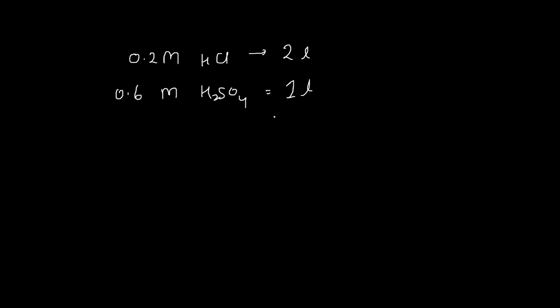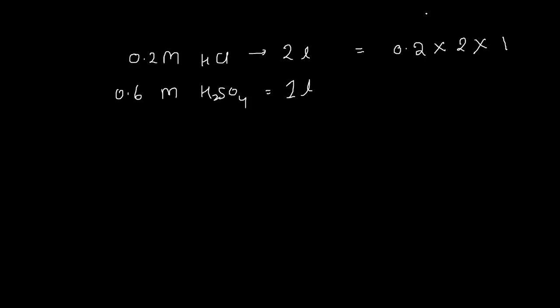Can you calculate how much the pH of your solution is going to be when you add both of these? In that case you need to calculate the moles. So how will you calculate the moles? Molarity is 0.2, volume is 2, and H plus ions is 1.